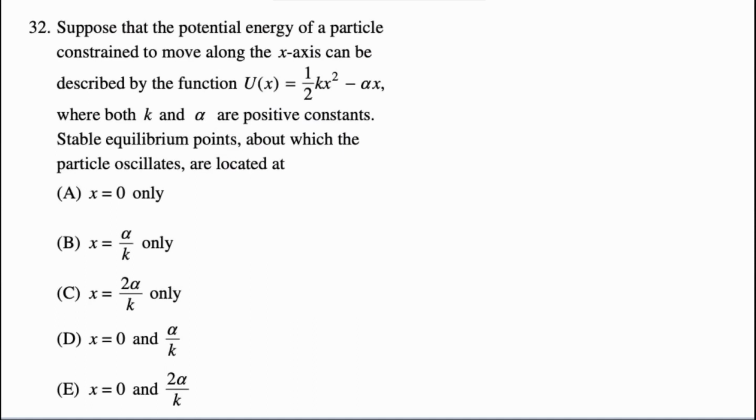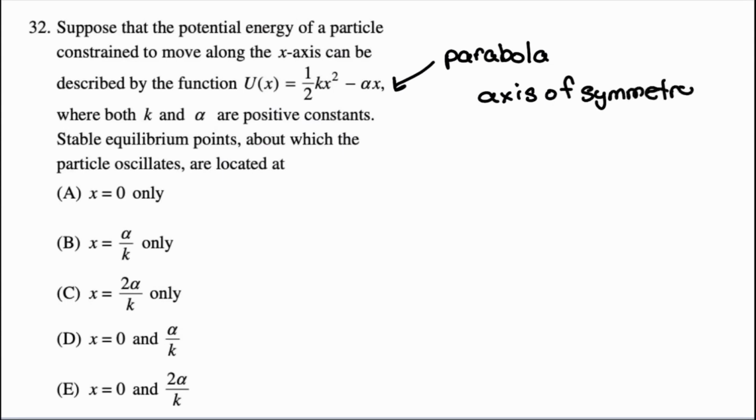So you have to recognize that this is a parabola and that the stable equilibrium points are going to be located at the axis of symmetry. That's given by the formula negative b over 2a for a quadratic, which takes the form a x squared minus b x.